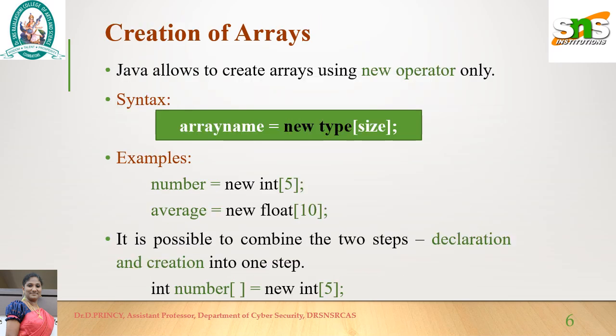The creation of arrays. A new operator is used to allocate the memory for that array. After declaring the array, we move on to allocating memory to that array variable using the new operator. Array name equal to new, the same data type of the array, and we have to specify the size in the square bracket. See that example: number, already we declared an array, is equal to new int[5].